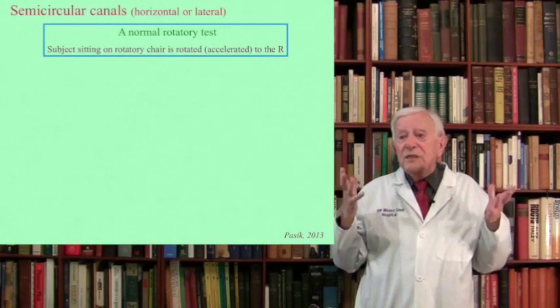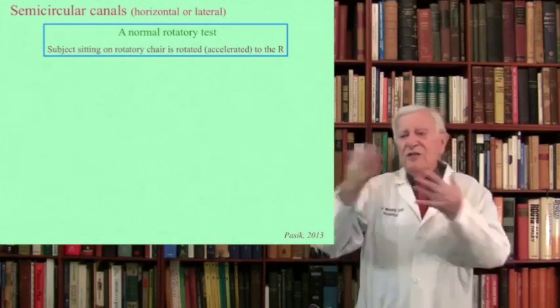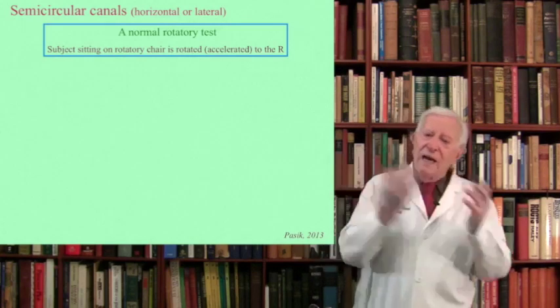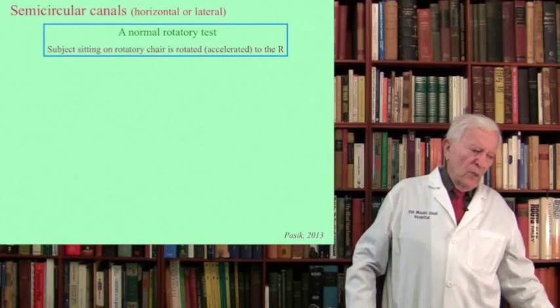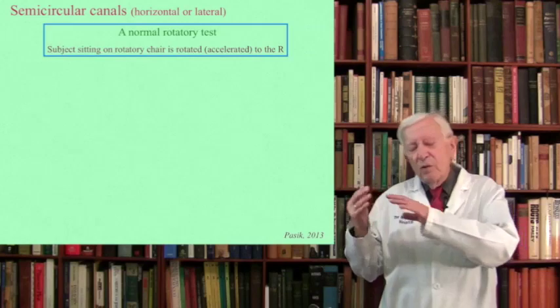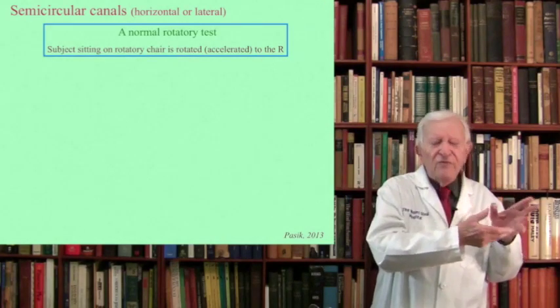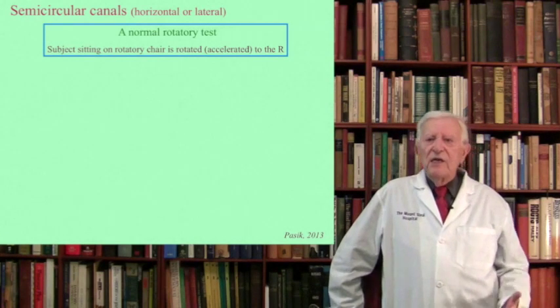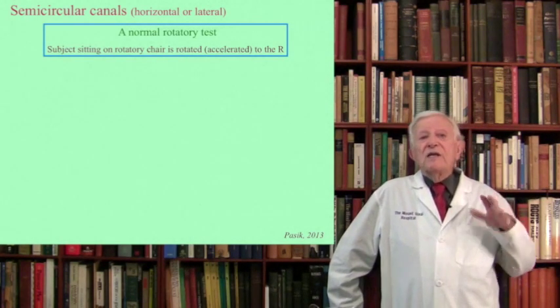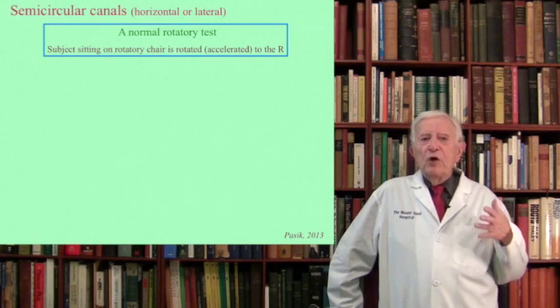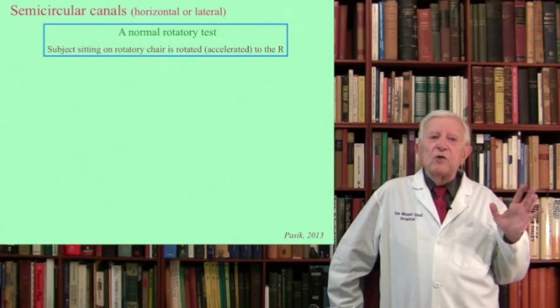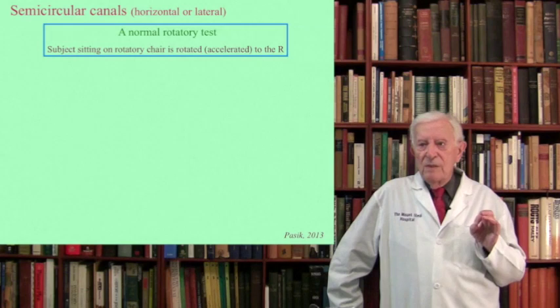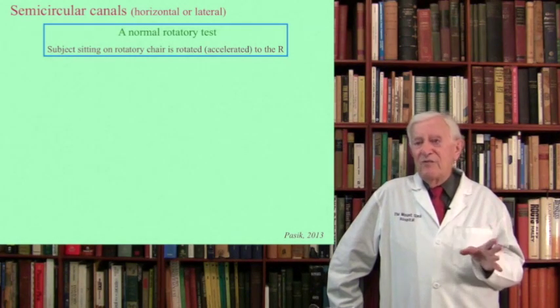In here, the end result is that you have this resetting of the eyes to the right, going slow to the left and jerking back to the right, in a nystagmus that, by the way, is unfortunately named, no matter what the cause of the nystagmus, by the direction of the fast phase.